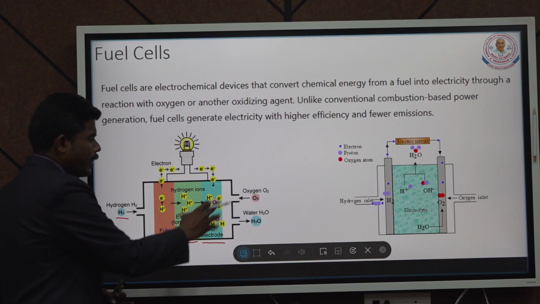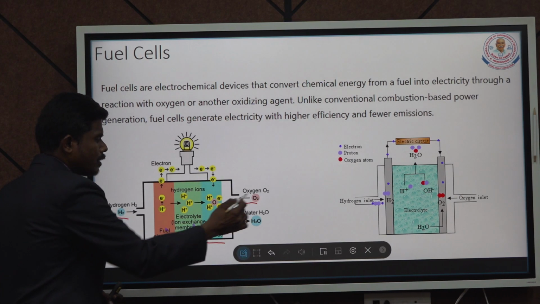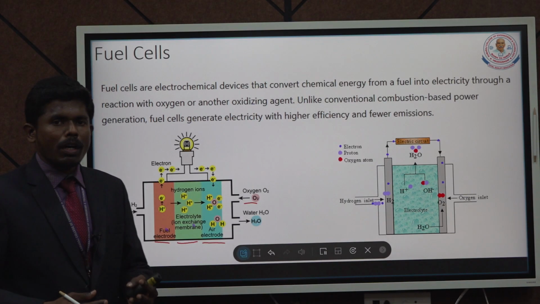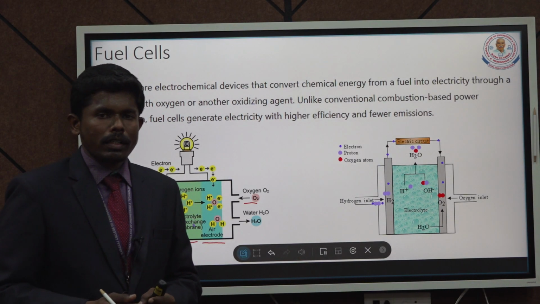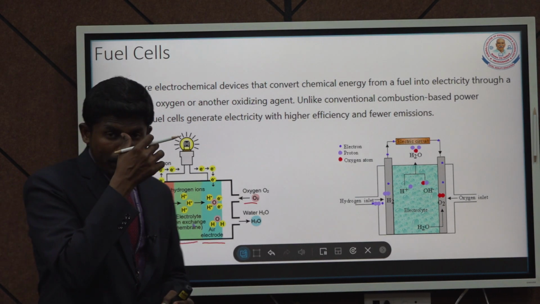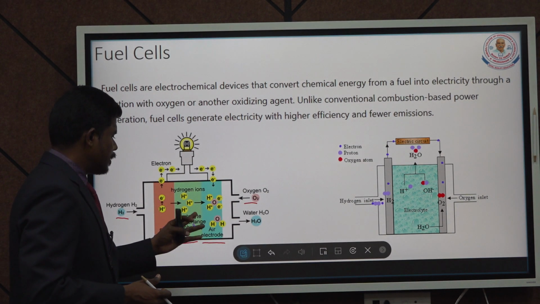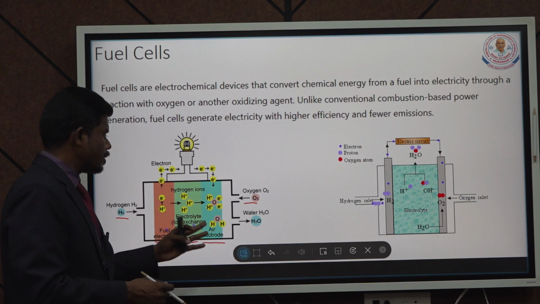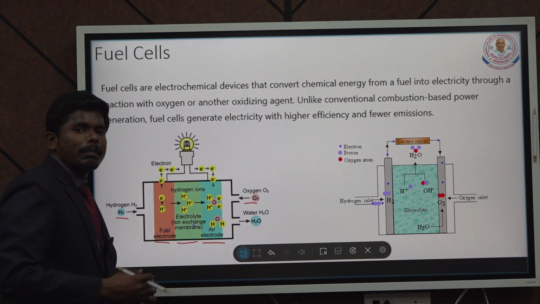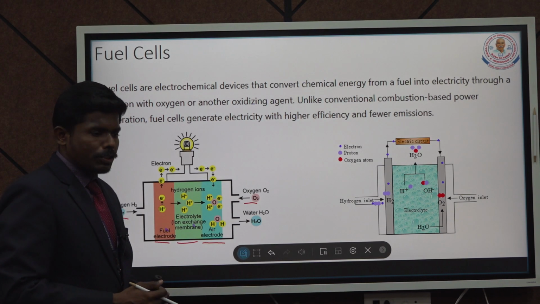When the proton ions mix with the oxygen, the combination leads to the creation of water, that means H2O, as the byproduct.